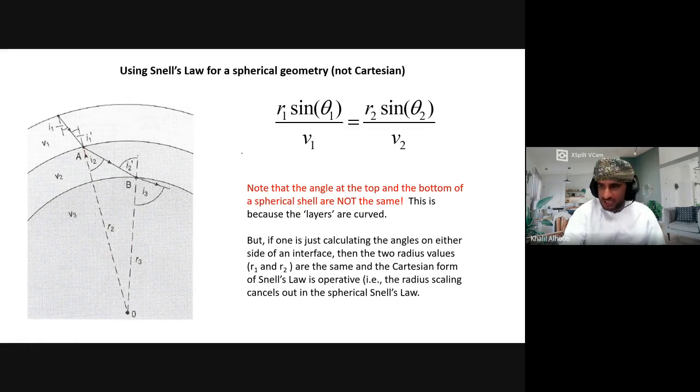So my sines are like that: sine theta, let's say theta 2, over V2, equals sine of this theta, or let's make it I2 dash. This is I2 without dash. This is V2 and this is V3. Oh, there is V3.